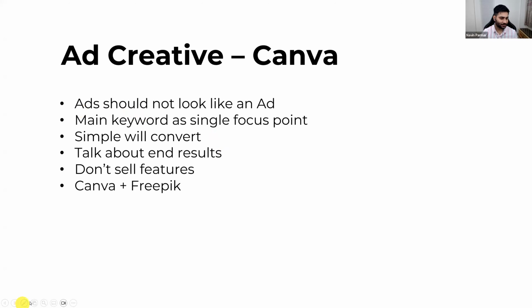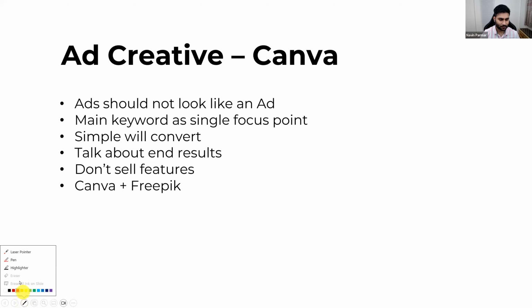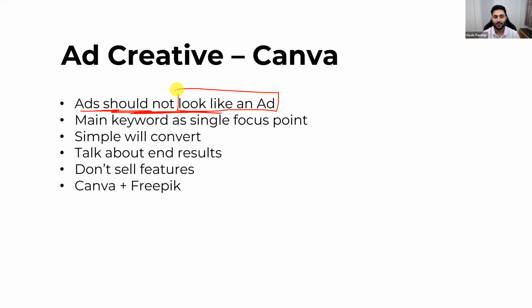One thing, if possible, this is not mandatory: try to get your ad to not look like an ad. It should look like a post with which people can engage. It can be informative, it can be curiosity driven, but try to do that. If you see more of my ads, 50% of them look like an ad.